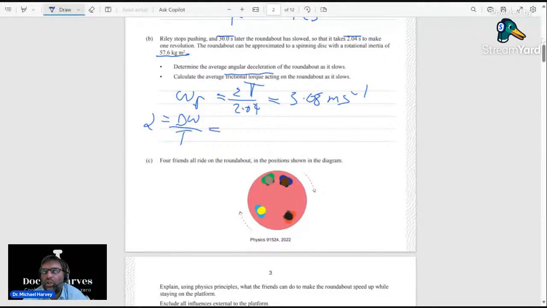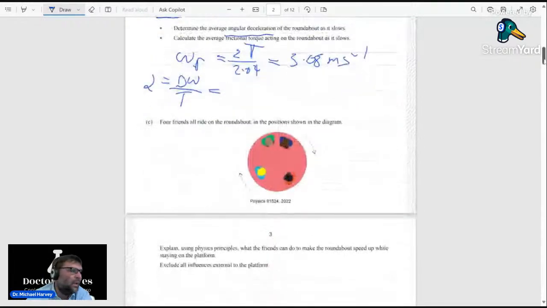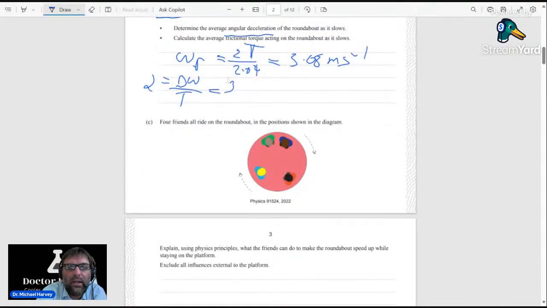From our previous question, we have an initial of 5.11. So it's going to be 3.08 minus 5.11 divided by the time that takes.